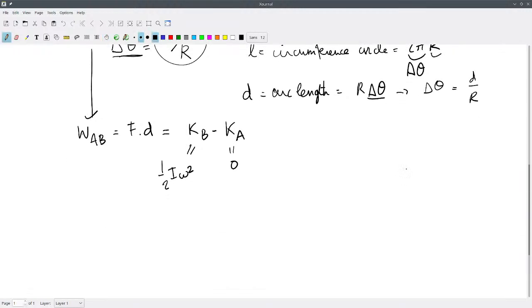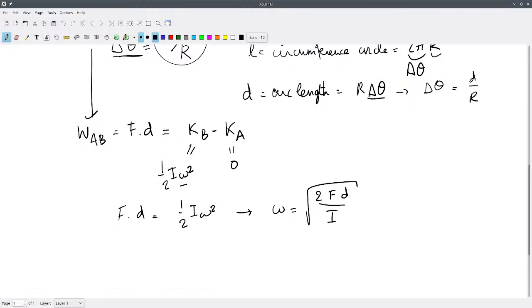So we now have an equation that we can use to solve for omega, right? F times d is 1/2 I omega squared. So that means that omega will have to be the square root of 2 F d over I.